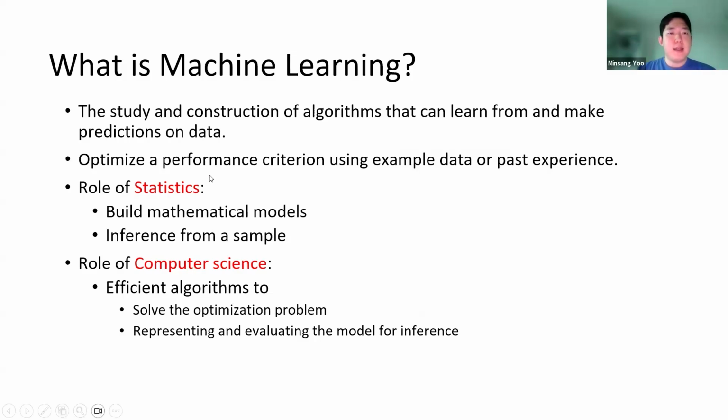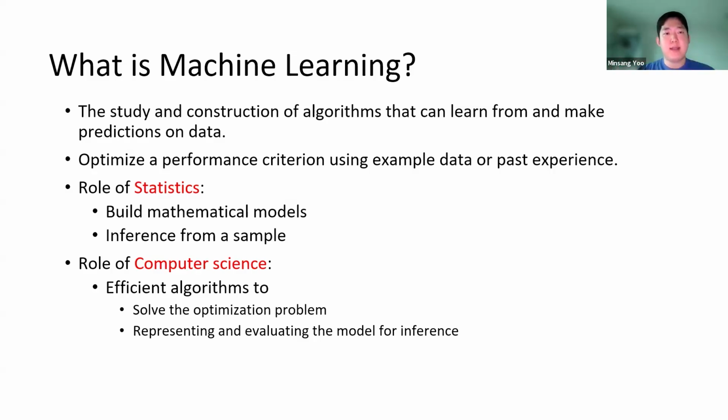The role of statistics in machine learning is building mathematical models and inference from a sample. In most of machine learning, statistics is very important because if we are to predict something, it's about probability.